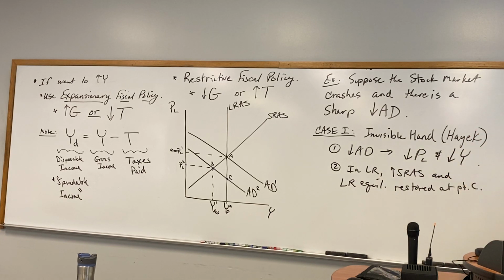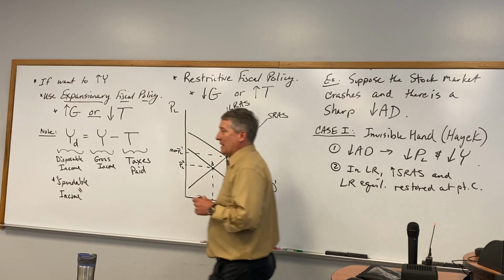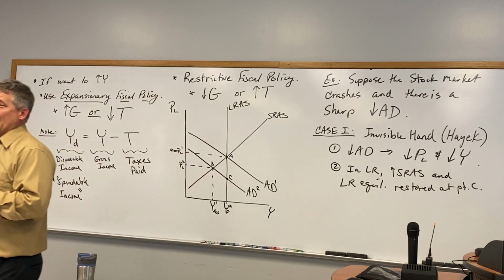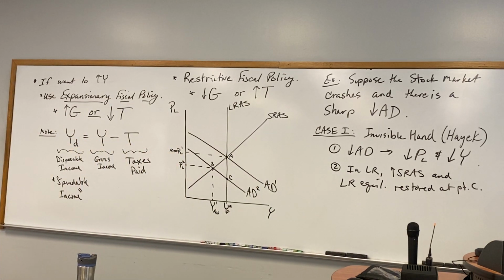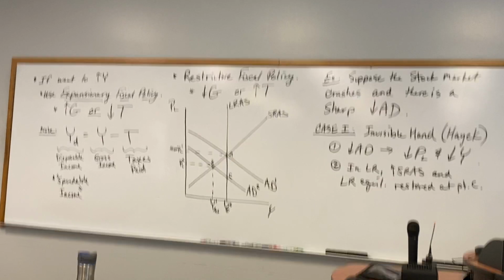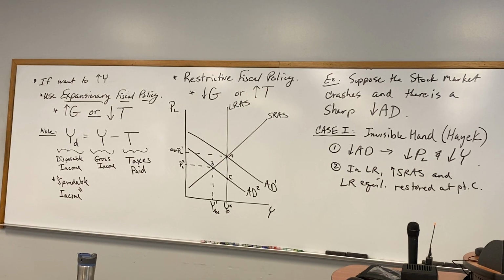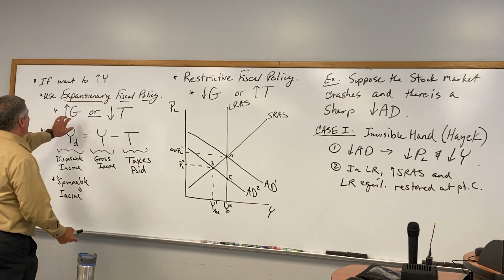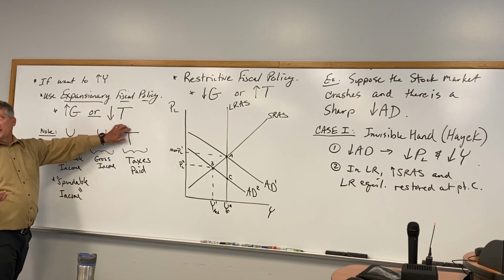Yeah, we want something that would increase demand, and so what would increase demand? What kind of policy? It's up on the board, look a little to the left. Right? Expansionary fiscal policy, which would mean increasing what? Government spending or decreasing taxes, or by the way, a combination of both.